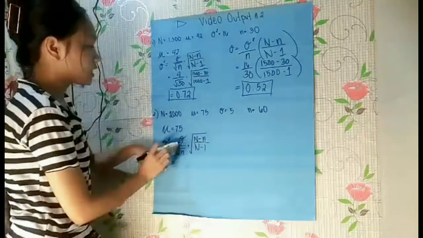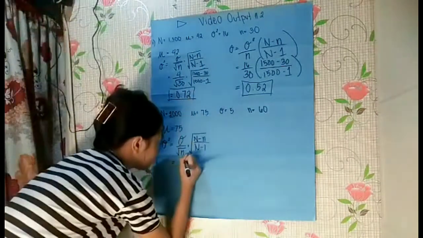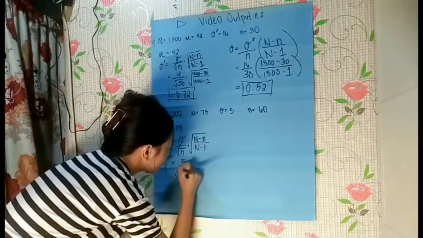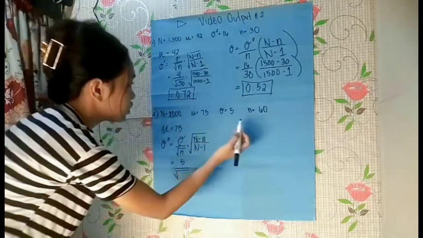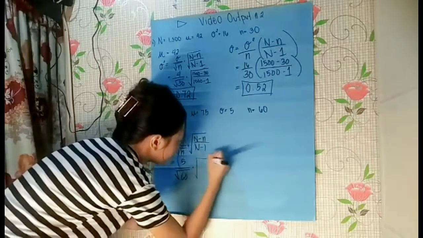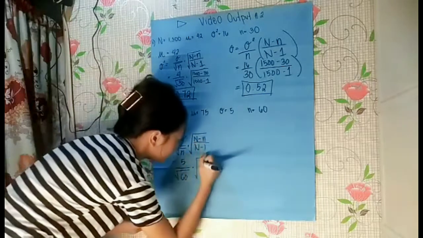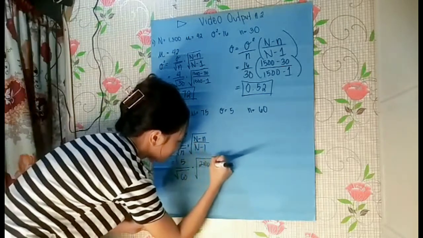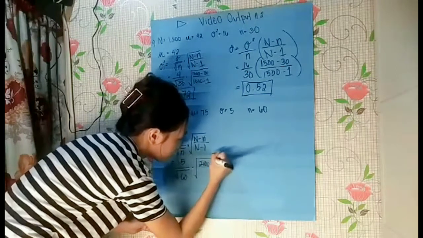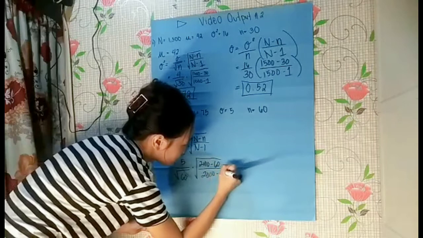We have the given standard deviation, which is 5, over the square root of our sample size, which is 60, times the square root of our population, which is 2,000, minus the sample size, which is 60, over 2,000 minus the constant number 1.